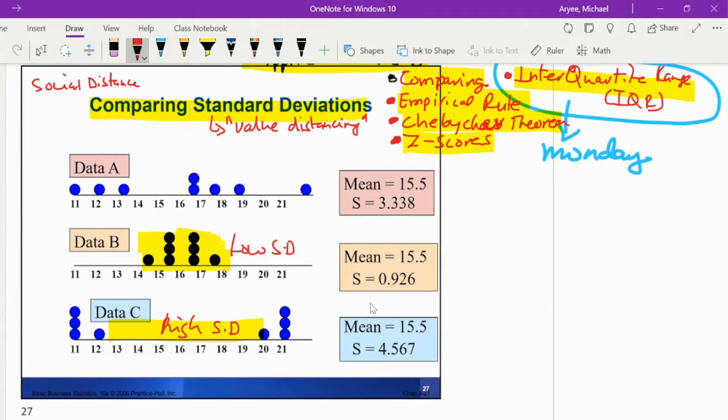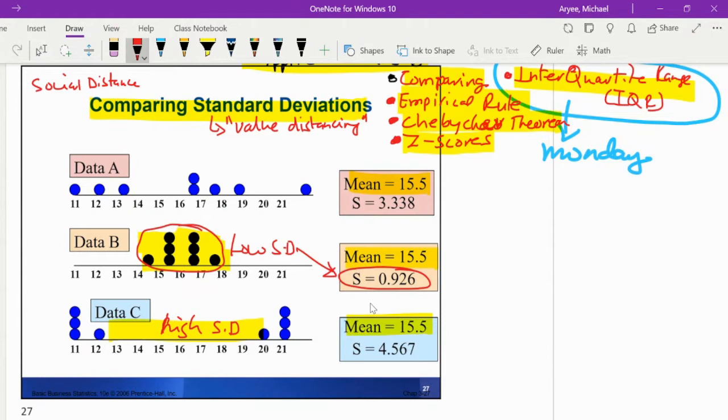Even though they have the same mean for all three of them, we can see that data set B has the lowest. They have very low social distancing. Low standard deviation, low social distance. It just happened to rhyme nicely.